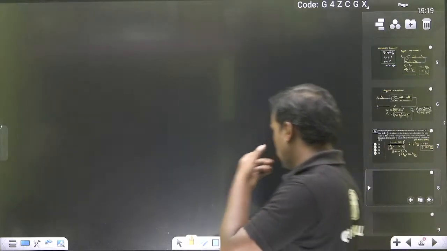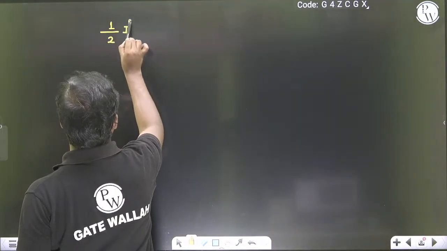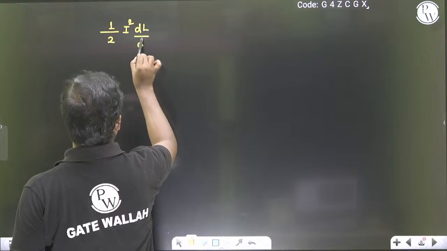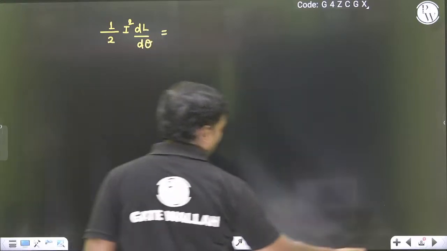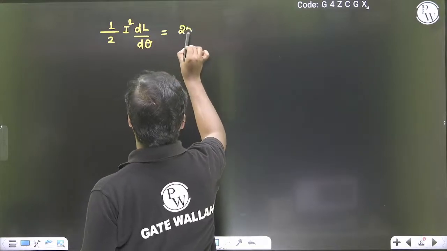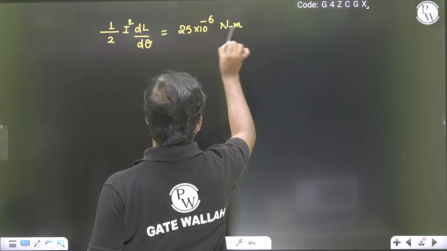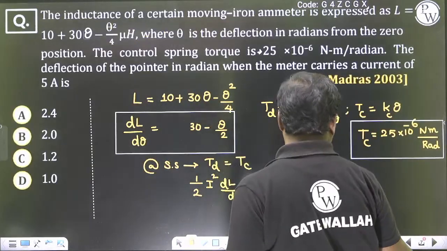If you see this, 1 by 2 I square dL by d theta is equal to 25 into 10 power minus 6 Newton meter per radian.